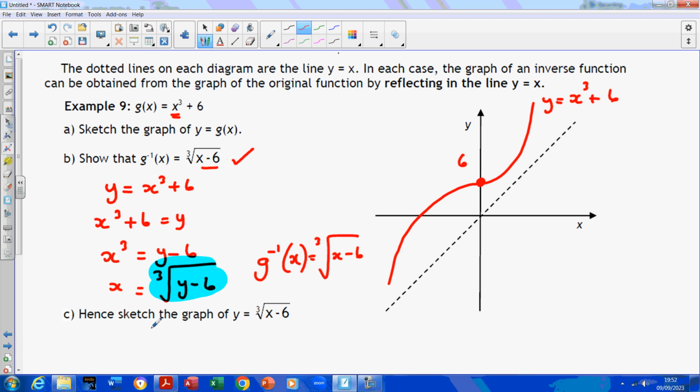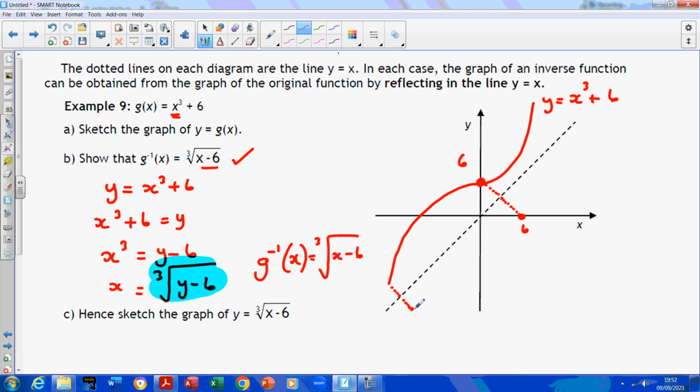Now down here it says, hence sketch the graph of that. So what we're going to do is, we are going to basically draw that there on the other side of this. So when I do that, I know that that point there is 6, goes straight across the mirror, that point there must be 6. That one's almost at the mirror, so I'm going to do a wee dot there.